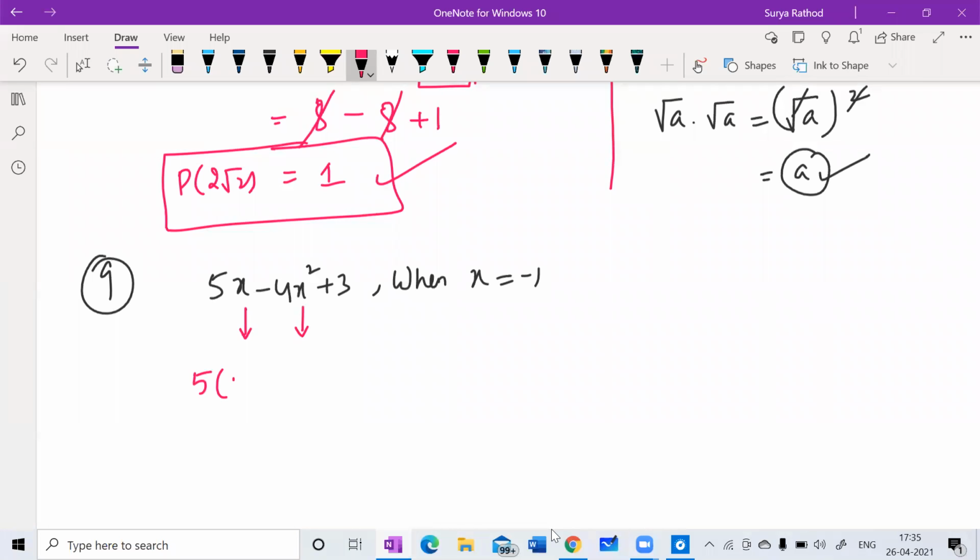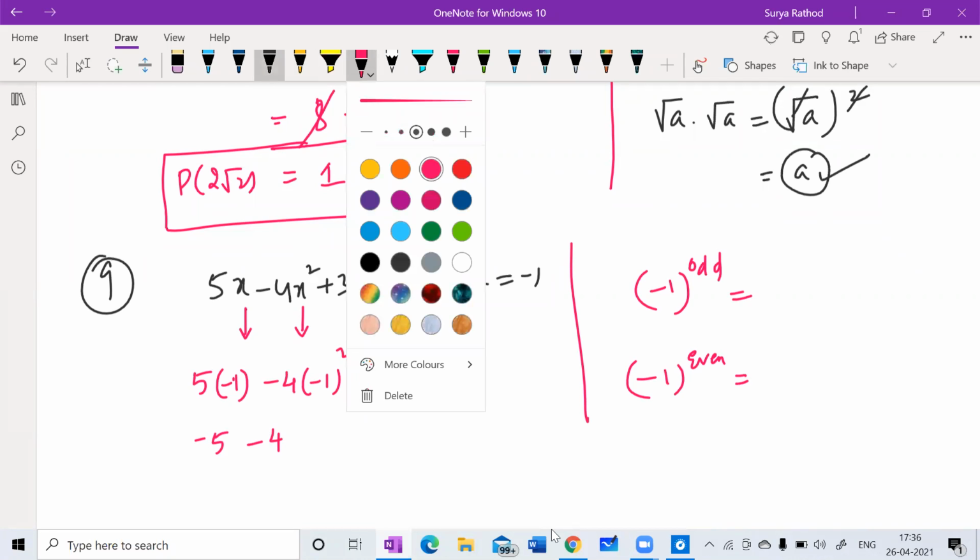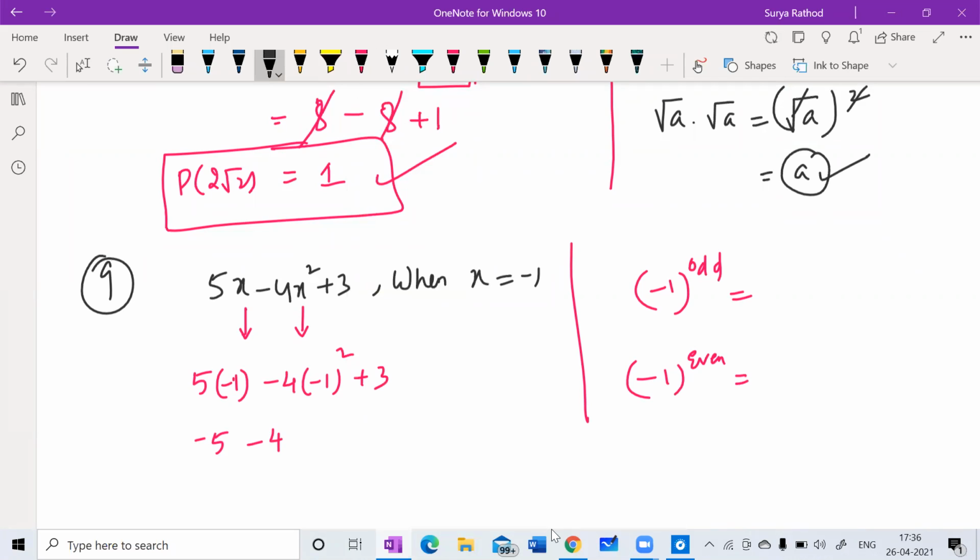So minus 5, minus 4, plus 3. Look at this: a negative number to the power of odd is always going to be negative, and a negative number to the power of even is always going to be positive.